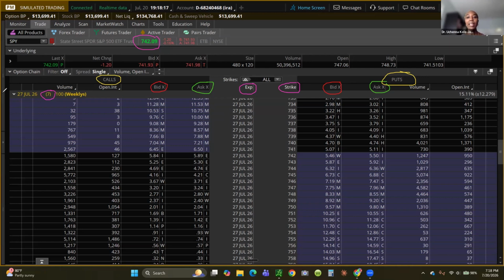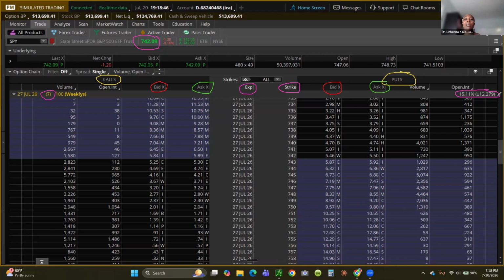Also, something I want to highlight to you is something called implied volatility, which is right here. And this is specific to each expiration. What this means is that by July 27th, the SPY is expected to move up or down $12.27.